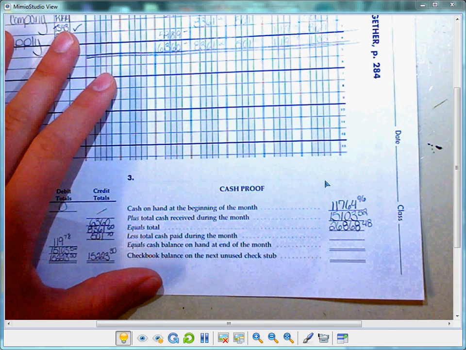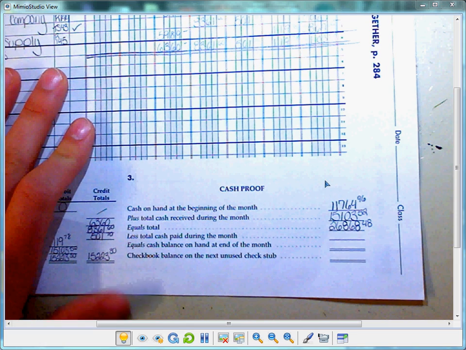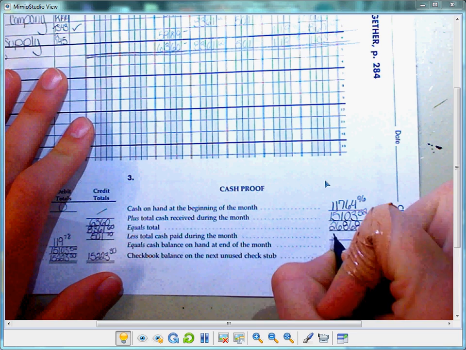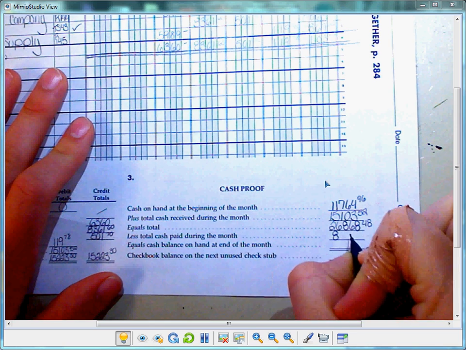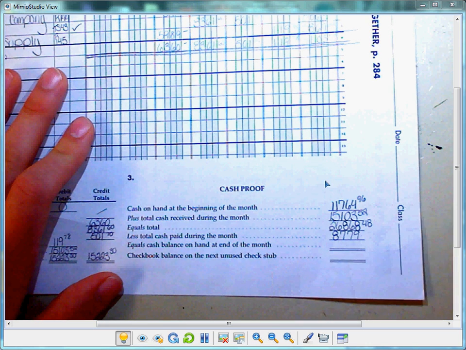Our next line, we're going to minus our cash paid during the month. That was in the book when they told us what our cash credit was, $8,779.53.